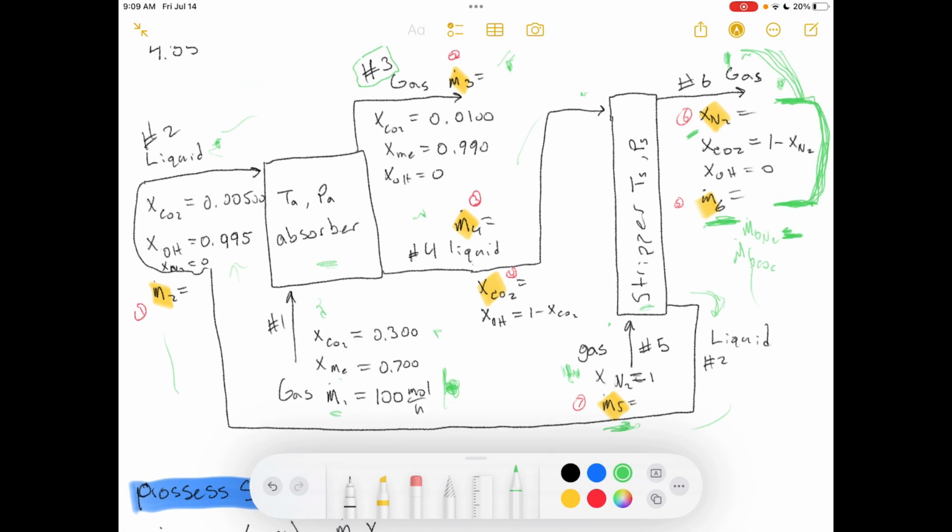Well, you can do a whole separate degree of freedom analysis, not just around the entire process. You can do one around just the absorber, or just around the stripper, or you could do one around just a mixing point that you have. So anyway, you can do a bunch of degree of freedom analyses.